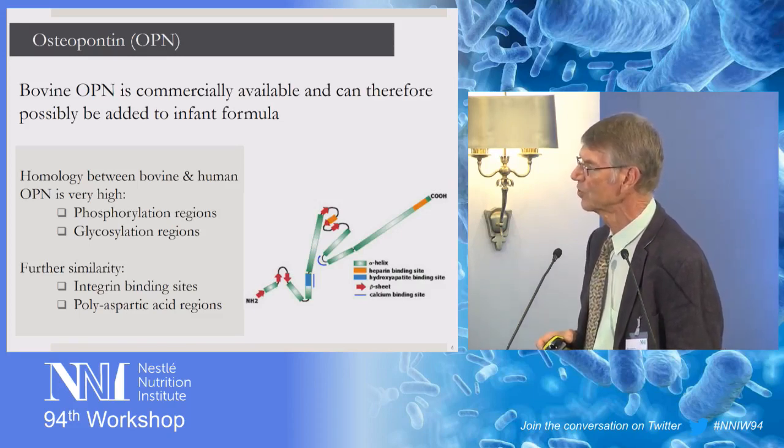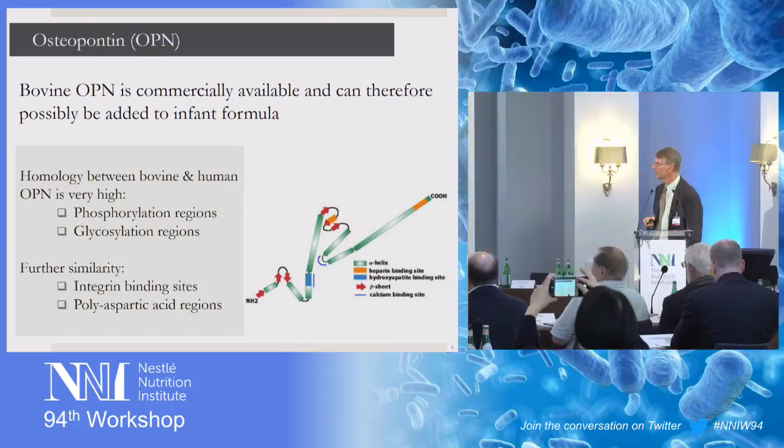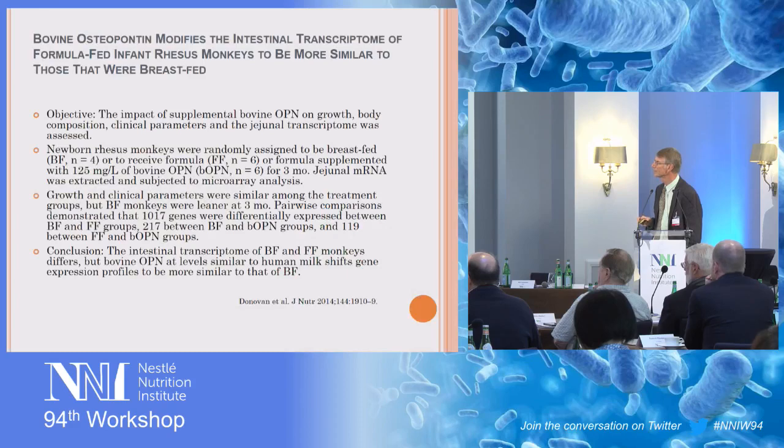The glycosylation regions are similar, even if the individual monosaccharides vary a bit. But importantly, the integrin binding sites and the polyaspartic acid regions are totally conserved between human and bovine osteopontin. So both of them can bind to the same types of cellular receptors.